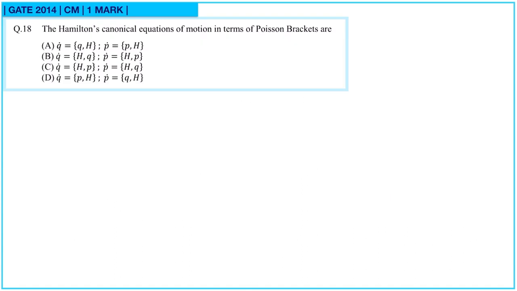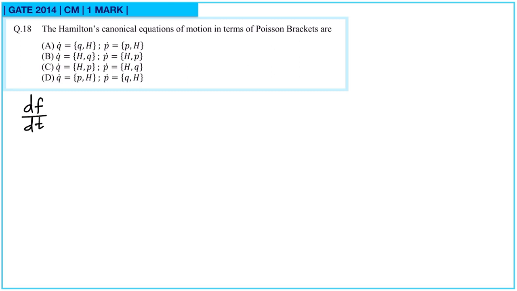Next question. The Hamilton's canonical equations of motion in terms of Poisson's brackets are. This is for q, H, p. So for q and p we have to check. Let us consider some function f.